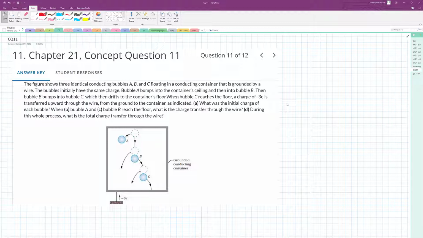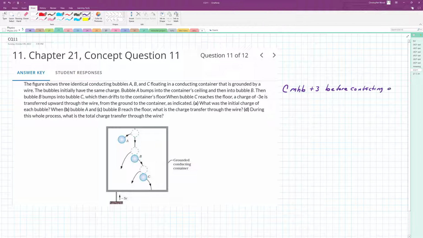So I guess I'm just going to do some storytelling. This approach I would call storytelling. Bubble C must have been charged. Let me write this down. Bubble C must have been plus 3 before contacting the ground.